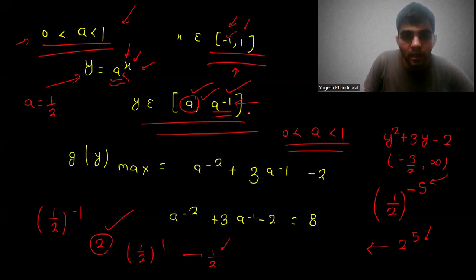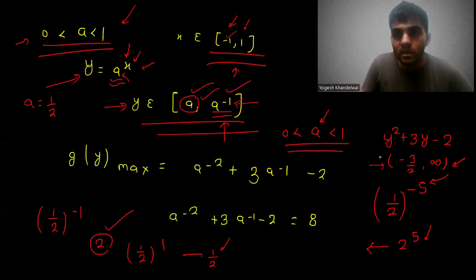And a is greater than 0 and between 0 to 1, so this value is always positive, which means it is lying in this range. If it is lying in this range, then the maximum value will happen at a raised to power minus 1, because this function is increasing. The more positive the value of y is, the larger the function becomes. So the maximum value can occur when we put y is equal to a raised to power minus 1.